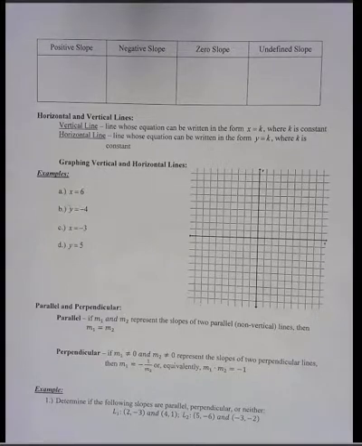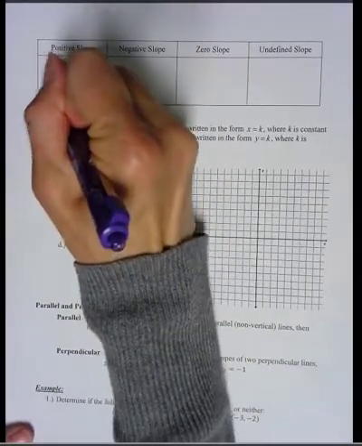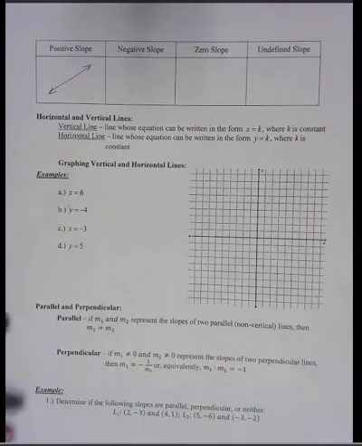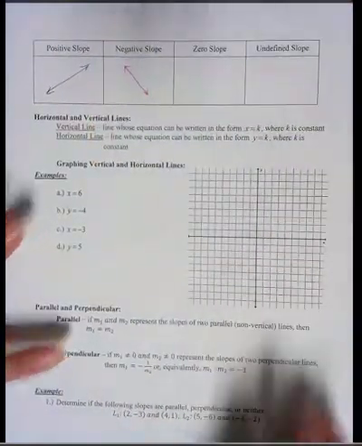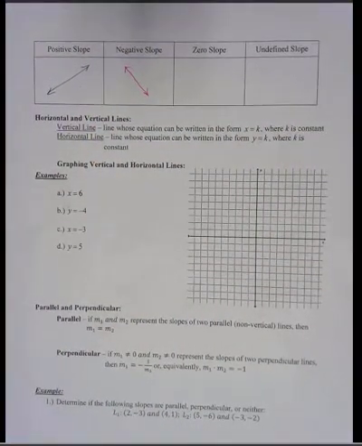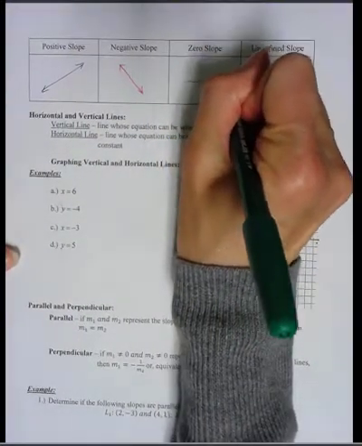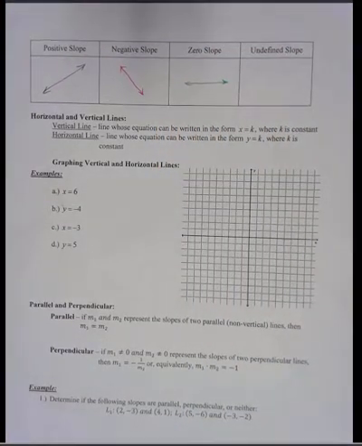Just to quickly review, if a line has a positive slope, that means it is going in an increasing direction from left to right. If it has a negative slope, then it looks like that. The most challenging ones usually are the 0 and undefined slopes, so determining the difference between the two. 0 slope is something like that, where you have a horizontal line.